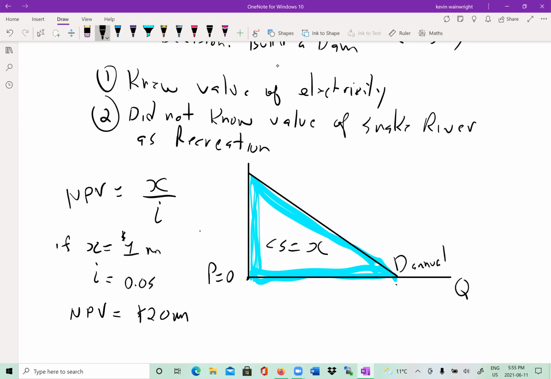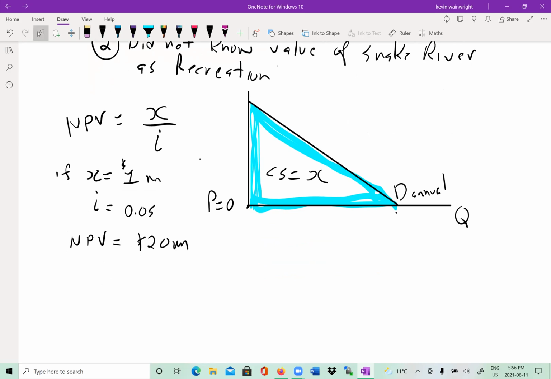They would compare that number, 20 million, the net present value of the recreation, to the price of the dam.